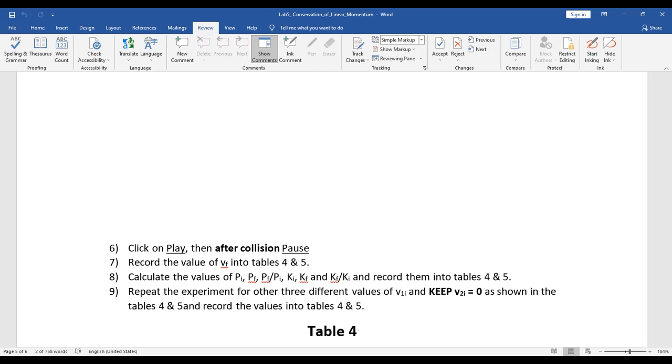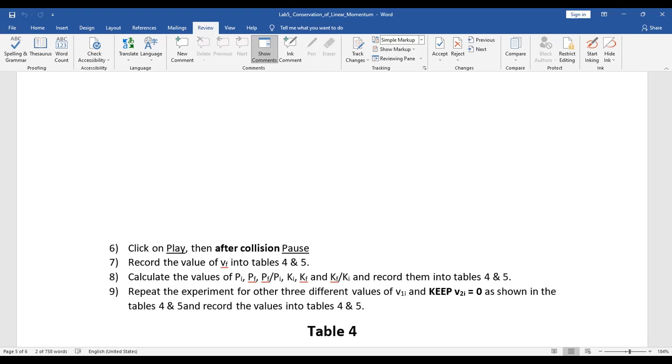After collision both are the same, 0.6. There is only one because in an inelastic collision they stick together. Stick together, move together.